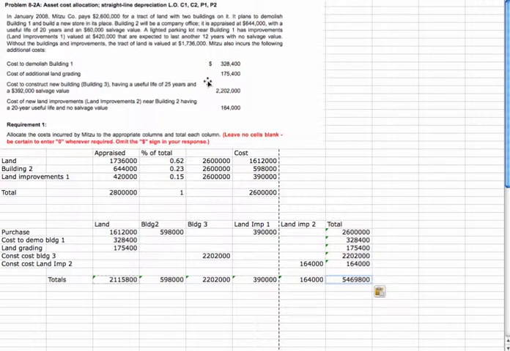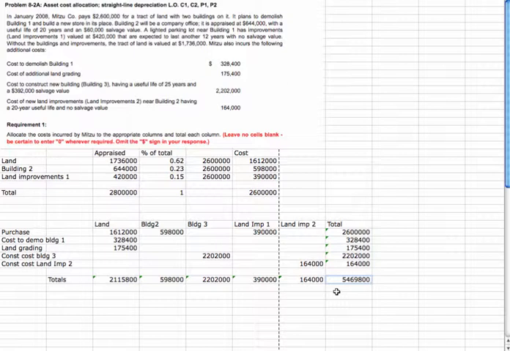So now I could do my journal entry, debit land, debit building, debit the 3rd building, debit land improvement 1, debit land improvement 2, credit cash, because we have said we're going to pay cash. So this is how we would do the allocation for this problem. So you can do the journal entries, debit, debit, debit, debit, debit, and credit.